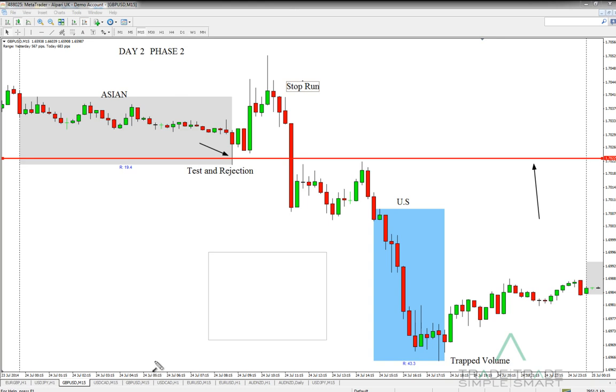Okay, so the market makers are aware that retail traders will have the previous day's high and low marked out on their chart. They know that they'll be looking for breakout opportunities, so they throw the pin just below the area and then they pull the market back.